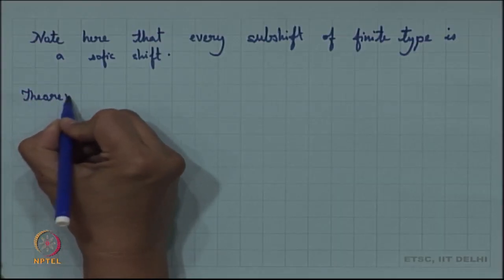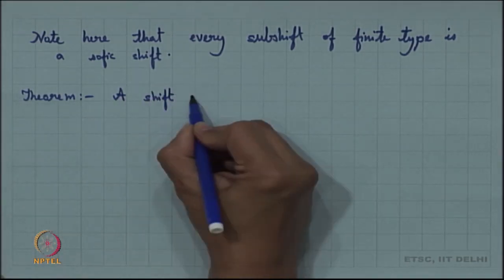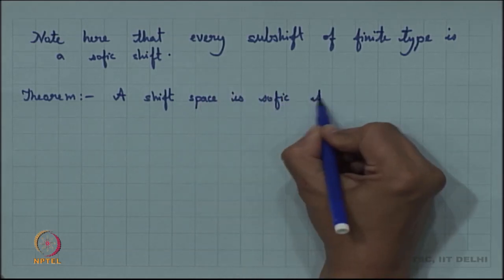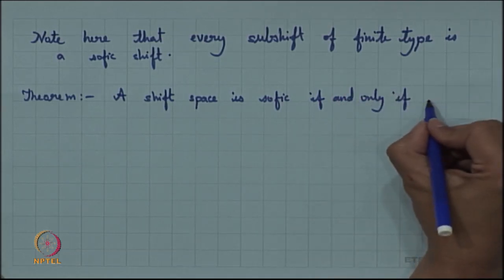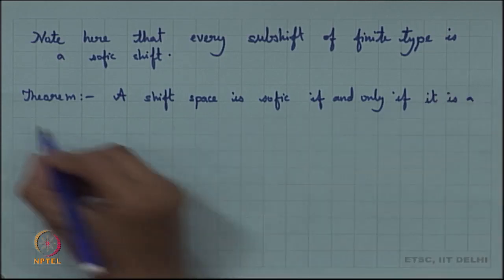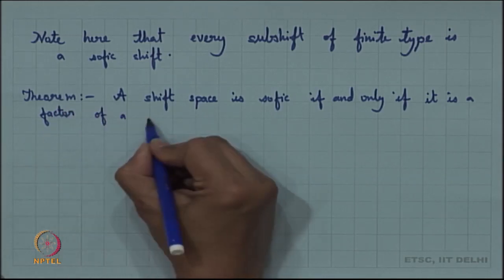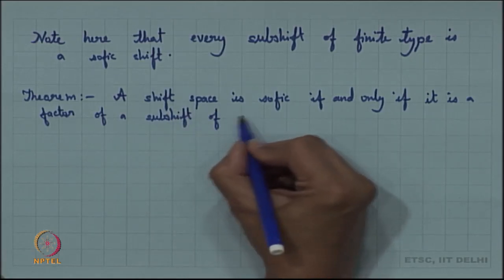The second fact is some other property of Sofic shifts, so let us look into this part. A shift space is Sofic if and only if it is a factor of a subshift of finite type.